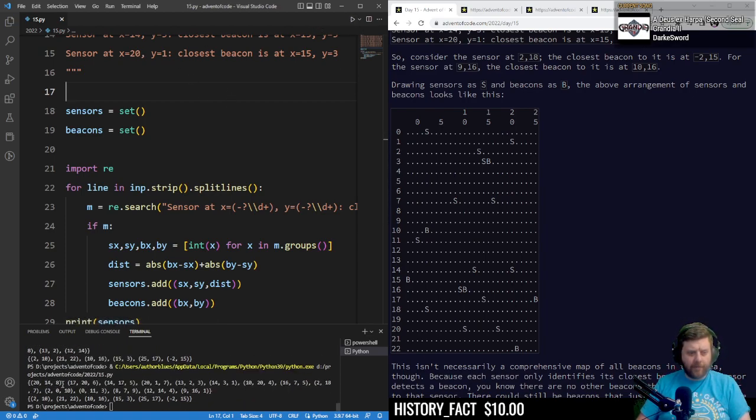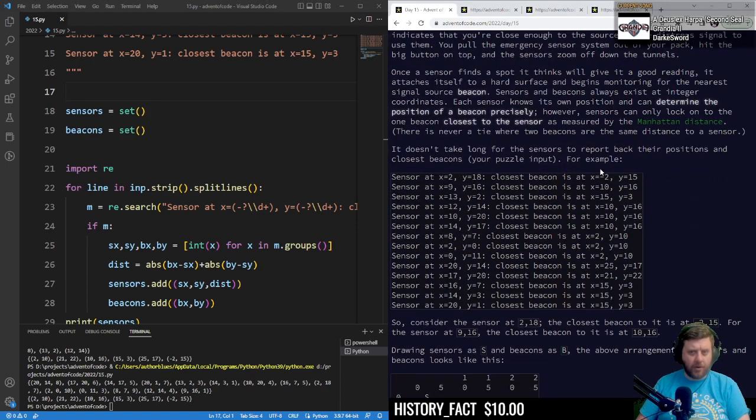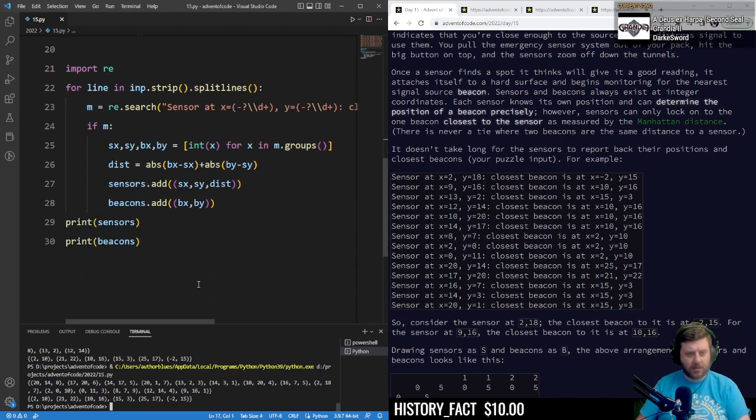So every sensor I've marked with basically how large of a region around it in Manhattan distance is empty. The input told me that there's only going to be one beacon within that distance. So what that tells me is I already know the one beacon that's in that distance, no other beacons can be in that distance.